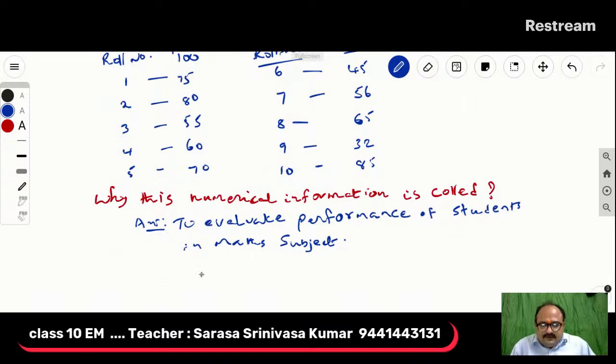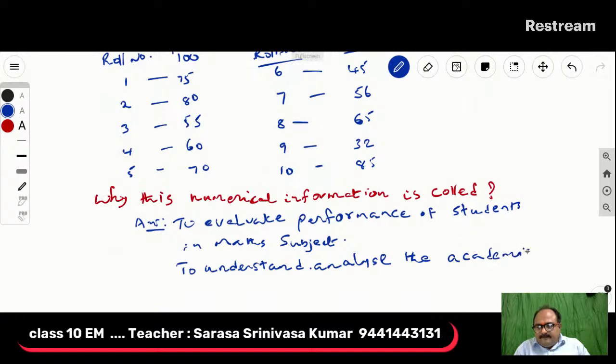That is, to understand and analyze the academic standards of students.